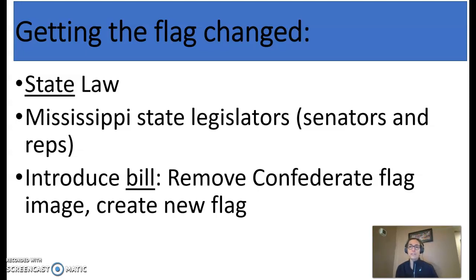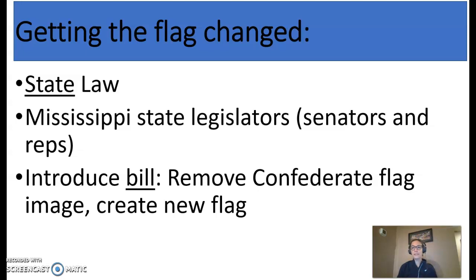So we have to imagine the Mississippi legislature, and that of course includes senators and representatives, just like the state legislature in Massachusetts does, and just like the U.S. legislature does in Washington, D.C. The legislators introduced a bill, which is an idea for legislation, to remove the Confederate flag image from the state flag and then create a new flag.